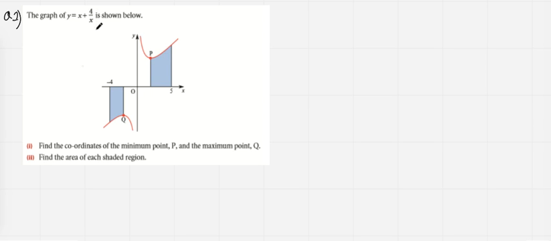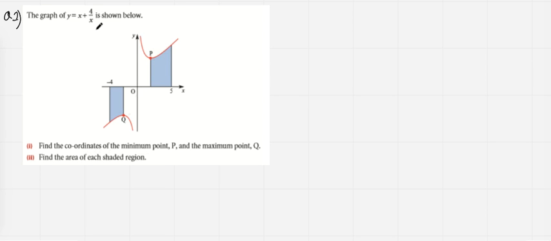And its graph is also mentioned here nicely, you can see, and in part number 1 we need to find the coordinates of the maximum point and the minimum point, which are assigned by the variables p and q here.